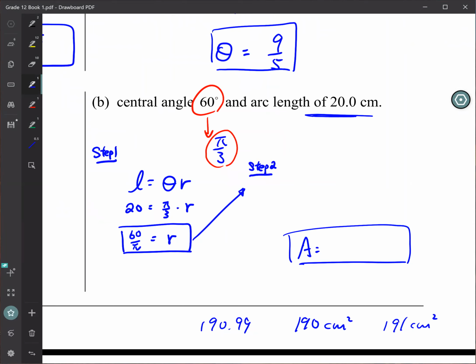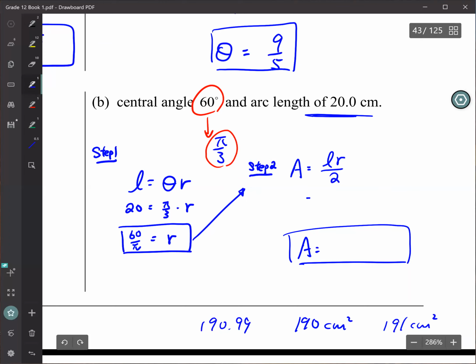I chose the formula, hold on. Formula number 3, so I use that one. Is it the one with the L? Yeah. Okay, so LR over 2, right?